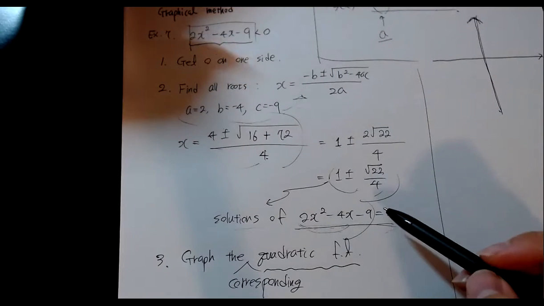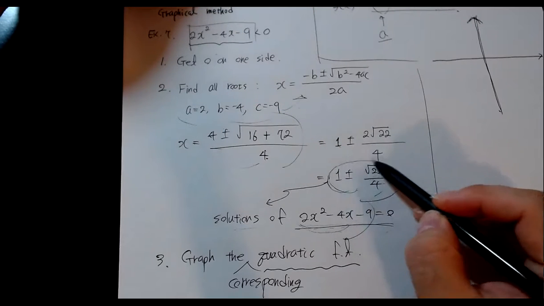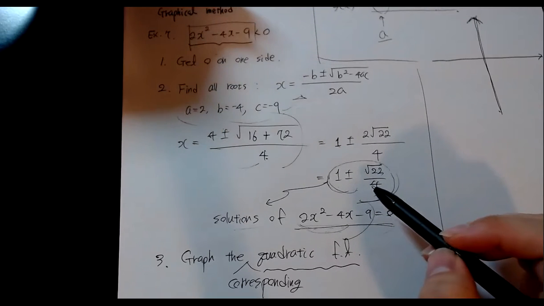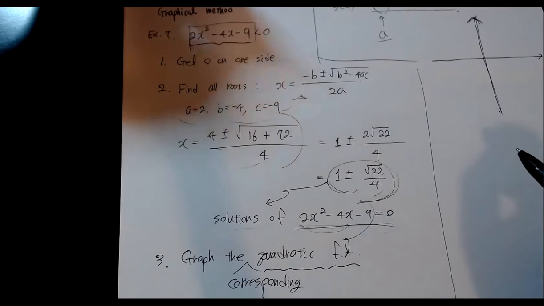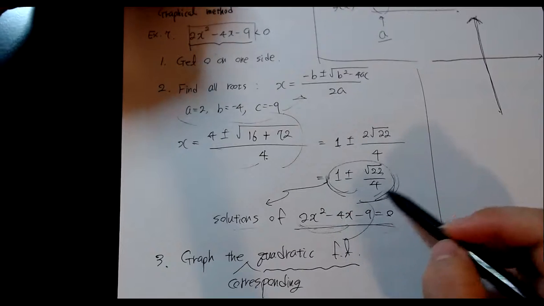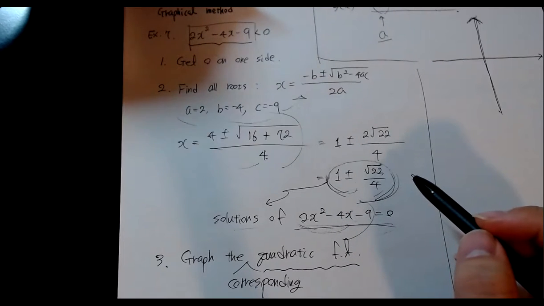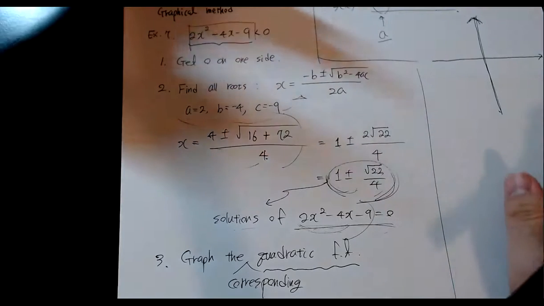But last time I told you these solutions are nothing but the x-coordinates of the x-intercepts of the corresponding quadratic function. Let me tell you again, these solutions mean the x-coordinates of the x-intercepts of the corresponding quadratic function.